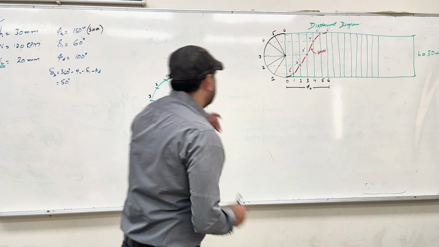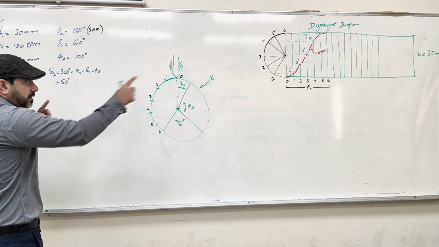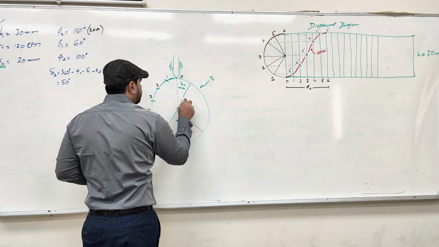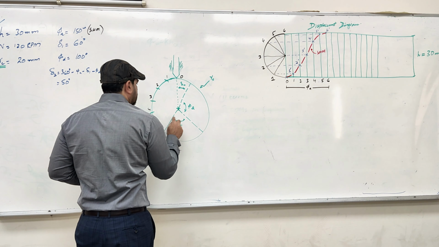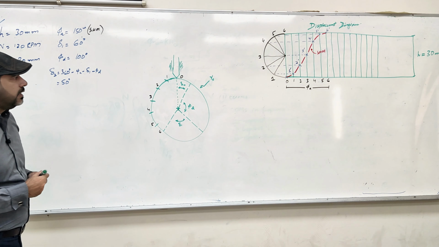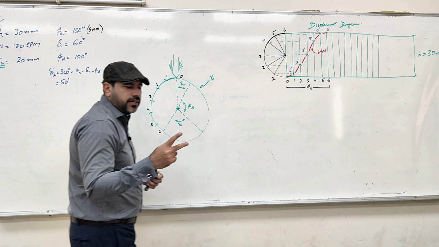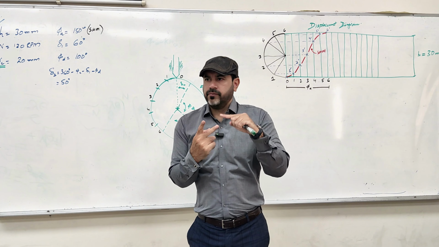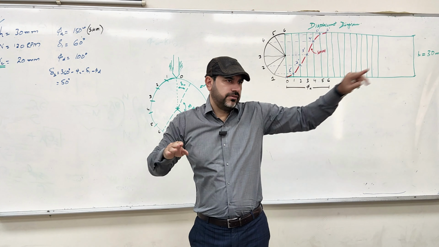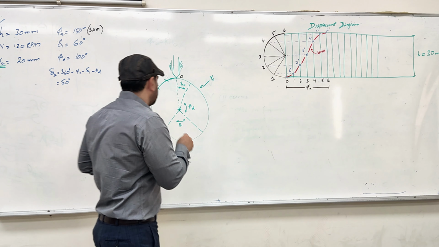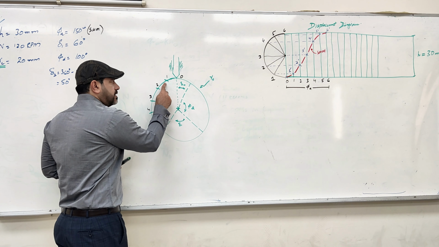Okay? Now we need to transfer those from there to here. So first thing first, we need to extend these lines. Okay? For a line, you need minimum 2 points to extend the ray. So the first point is this center point, and the next point is this point.